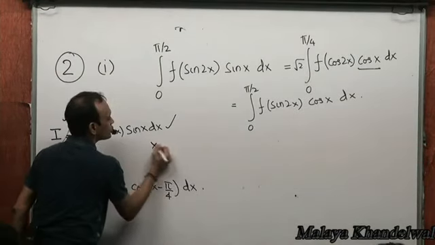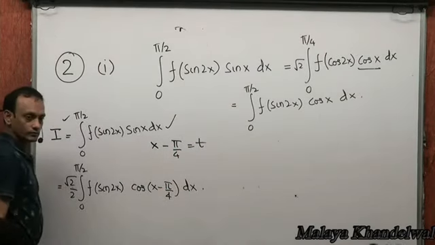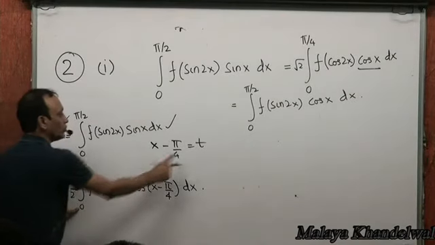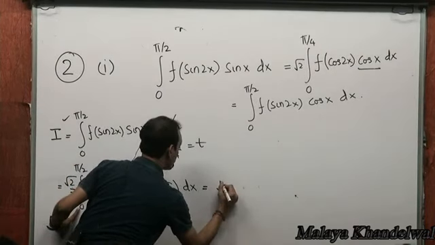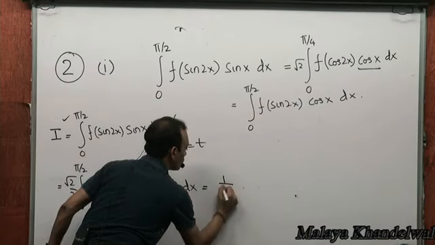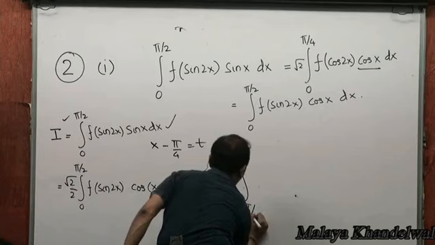So if I chose x minus pi by 4 as some t, when x is 0, t is minus pi by 4. So this would be 1 by root 2, minus pi by 4.